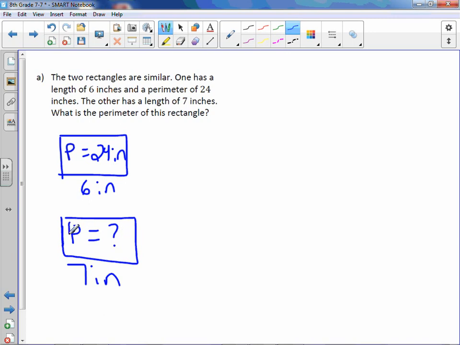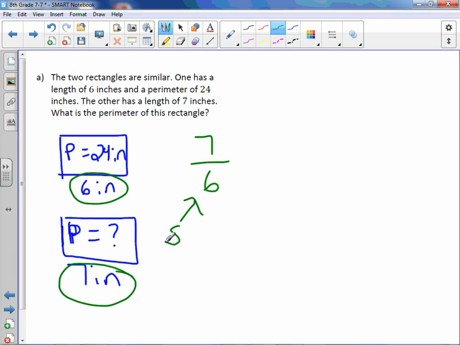To find it, we take the length of the figure we're trying to find and put it over the length of our old figure. This is our scale factor.